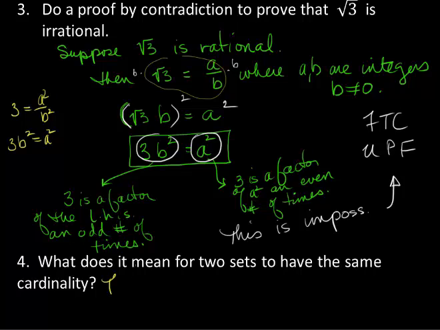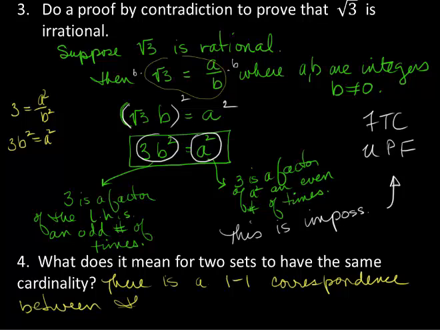I could say there is a one-to-one correspondence between the elements, the members, the numbers, the elements of the two sets. In other words, there's a way to pair them up.